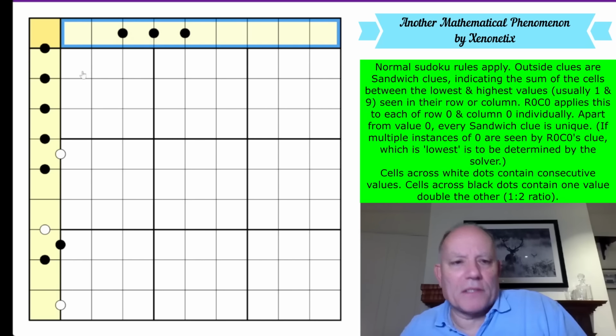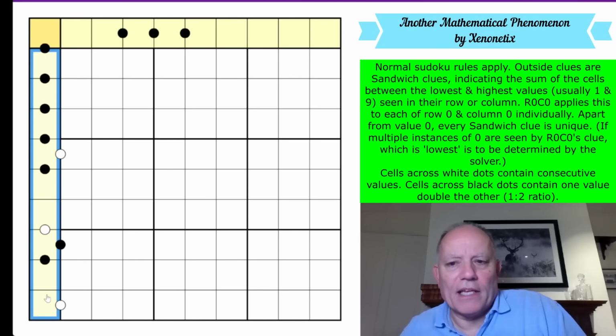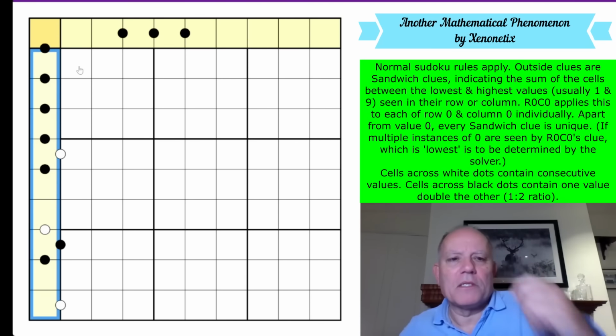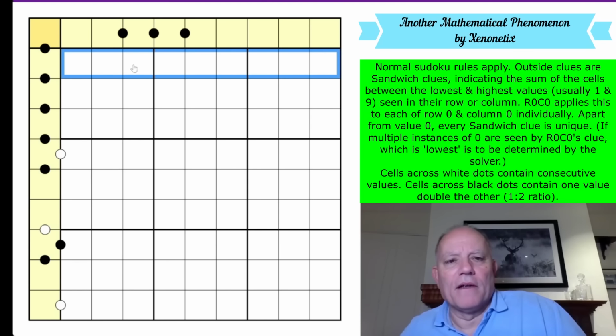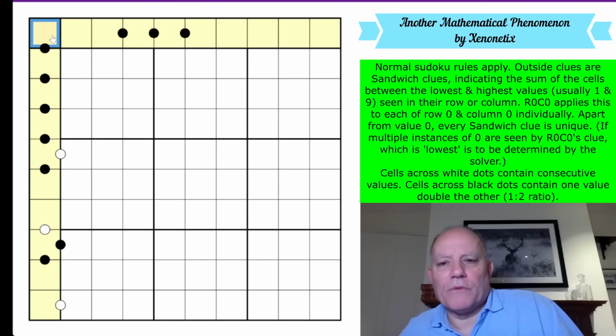For all of these sandwich clues, that usually applies because Sudoku rules determine that 1 is the lowest value in this row and 9 the highest. So we must be talking about this when we're saying the unusual case. In fact, here we go.